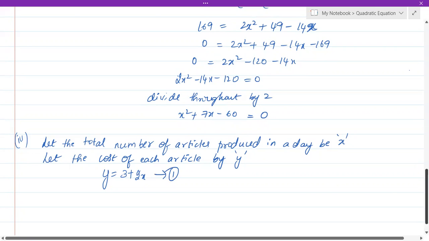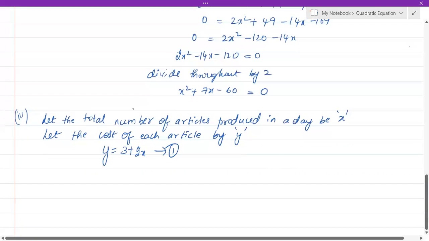Now, the total cost of production. Okay. Total cost of production. How do we find the total cost of production?